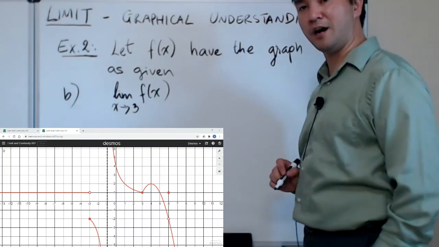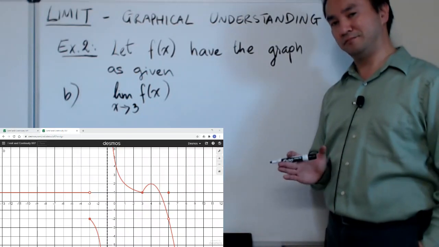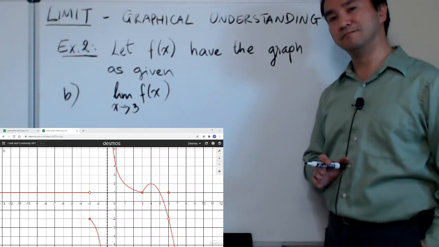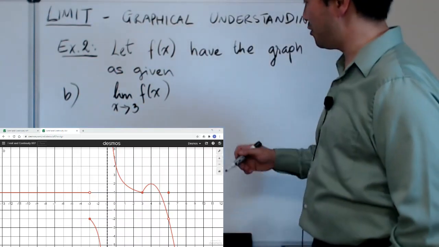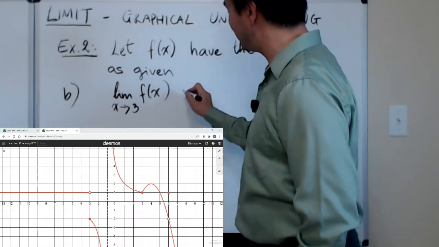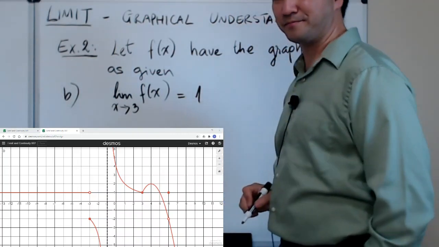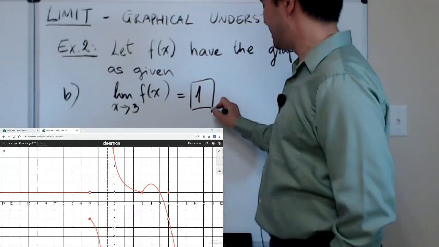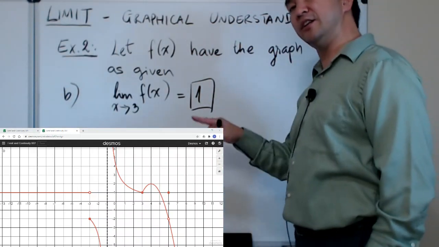Once again, pause the video, think on your own, and once you're done, resume the video. My answer for this problem is 1. And once again, feel free to contact me in case your answer did not agree with mine.